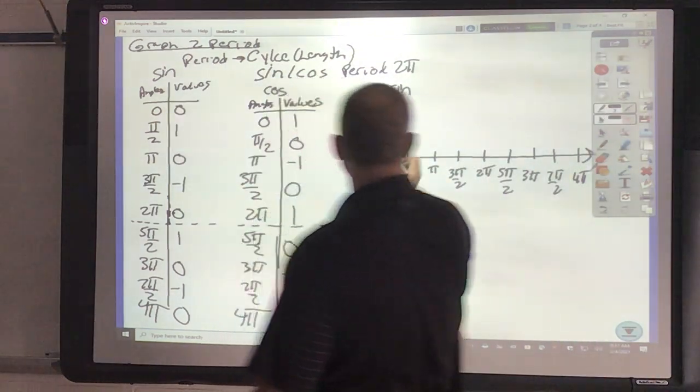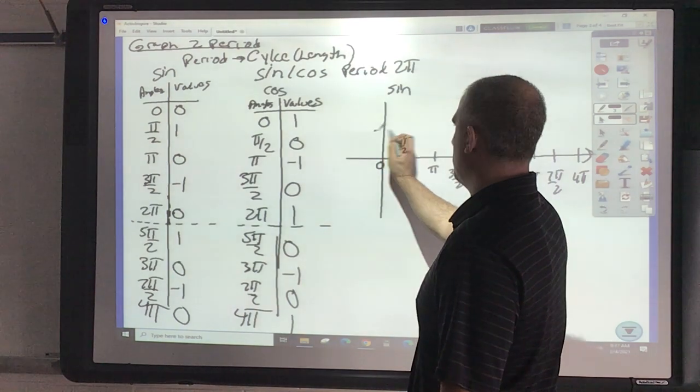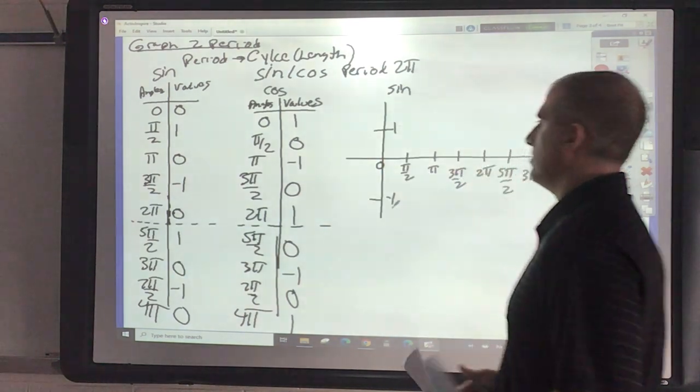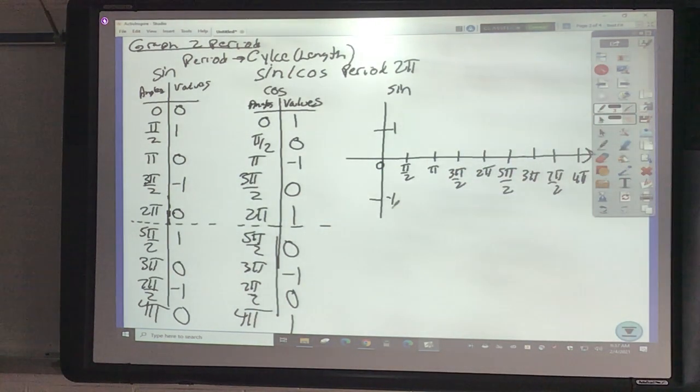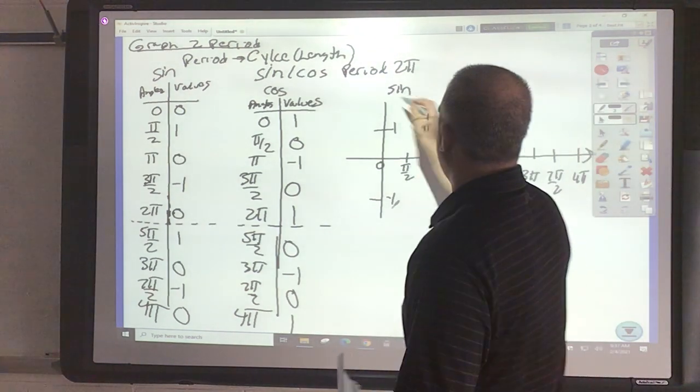These are the angles, these are the values. So I'm going between 1 and negative 1. So this is the sine function.